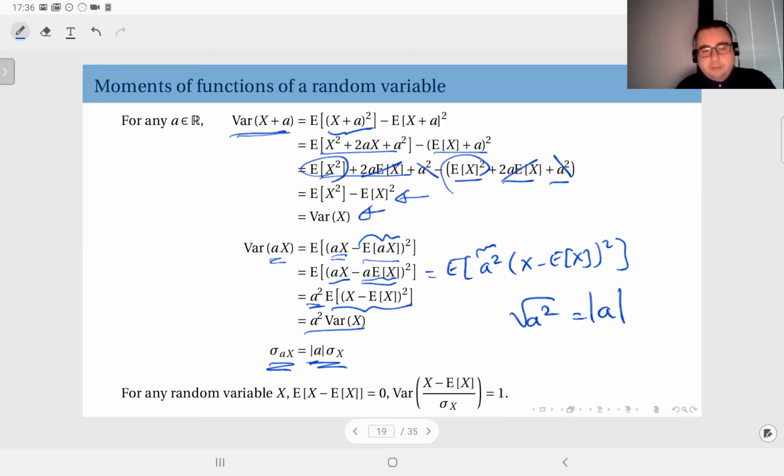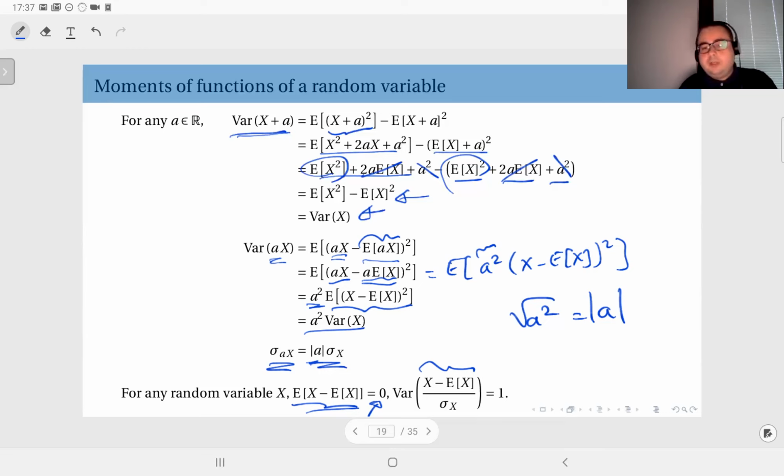So therefore, you see, for any random variable, if you shift it by its mean, the mean becomes zero, obviously, because this is the first central moment, which is zero for any distribution. What about this? This is x minus its mean scaled down by the standard deviation. The variance of this becomes 1.